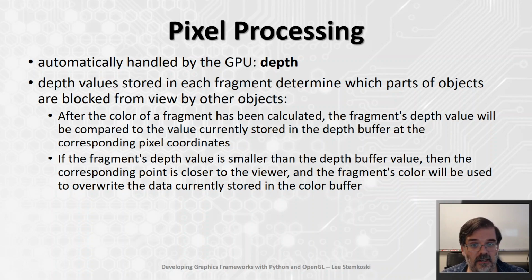If the current fragment's depth value is smaller than the stored buffer value, then that fragment must be closer to the camera, and its color will overwrite the data currently stored in the color buffer. If a fragment's depth value is larger than the value stored in the depth buffer, then that fragment or that pixel must be further away from the virtual camera, and then that data would be discarded at that point. All of that's automatically handled by the GPU.